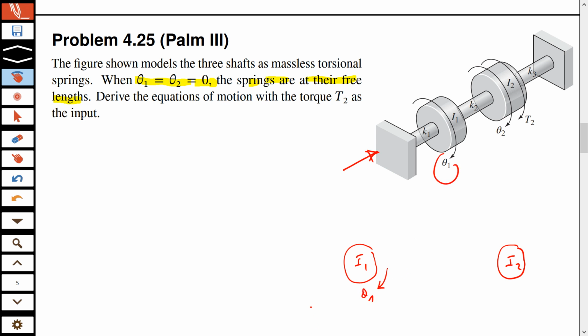And I don't care whether it's clockwise or anti-clockwise because everything else will be now dictated by this theta1. And for I2, theta2 is in this direction.